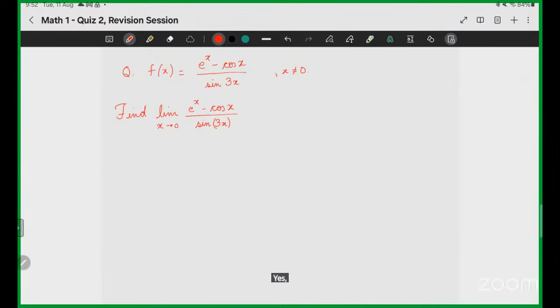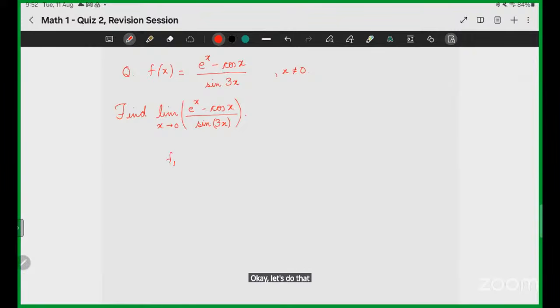Can we use f dash x upon f x? No, but here the angles are different. See, first of all, is the numerator and denominator going to 0? Yes. If we use L'Hopital's rule, then it will also go to 0. Okay, let's do that.